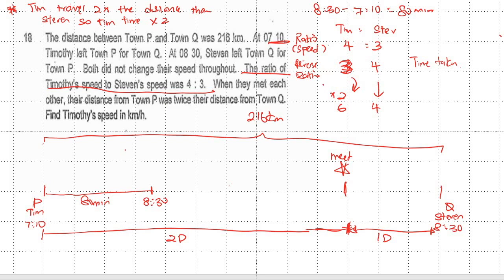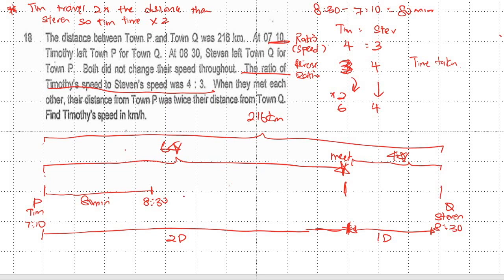Okay? So now I have a very important thing. The total time traveled by Timothy from here to here until the meeting point is 6 star. And then from here to here is actually 4 star. Okay?